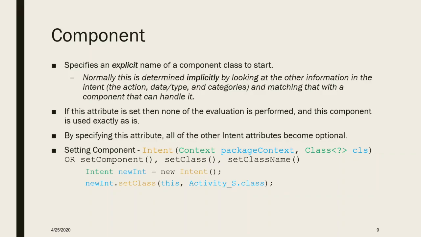You can set the intent's target component using one of the intent's constructors by passing in a context object and a class object which represents the activity that should perform the desired operation. You can also create an empty intent and then use one of the methods such as setComponent, setClass, or setClassName to set the target activity.